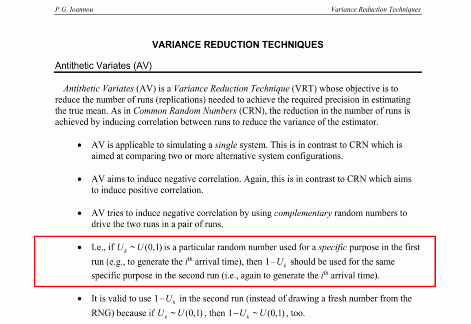The idea is simple. If the first U results in a long arrival time, then the second should result in a short arrival time. This should produce a better estimate of the average arrival time.